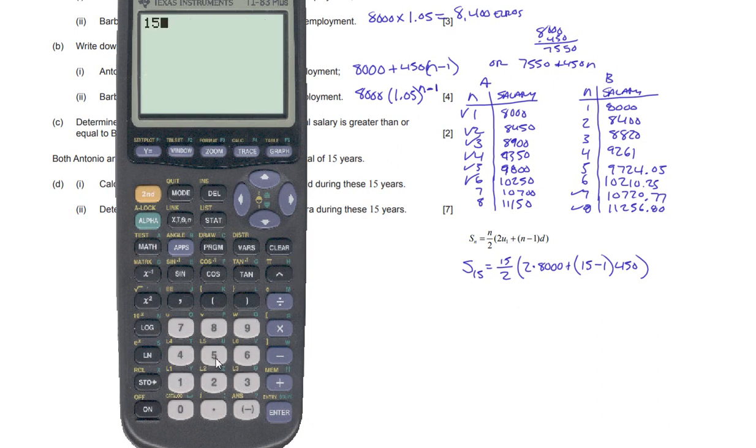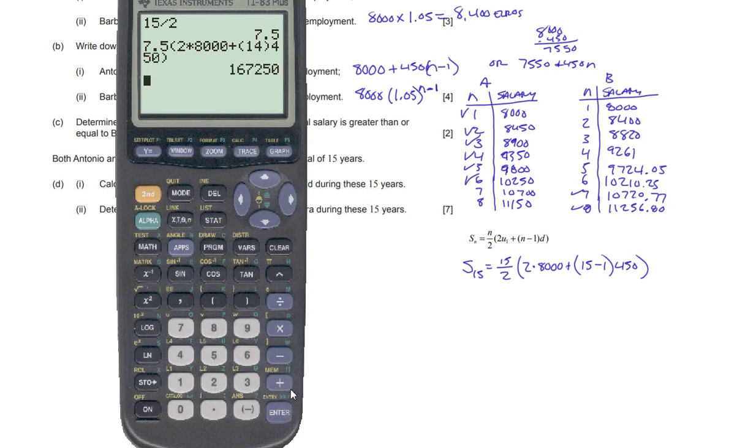So we've got 15 divided by 2. Let's just do this: 7.5 parentheses 2 times 8,000. Again, if you put this in just as it looks, we should be a-okay. Plus another parentheses 15 minus 1. We can just put 14 in there, and then 450.